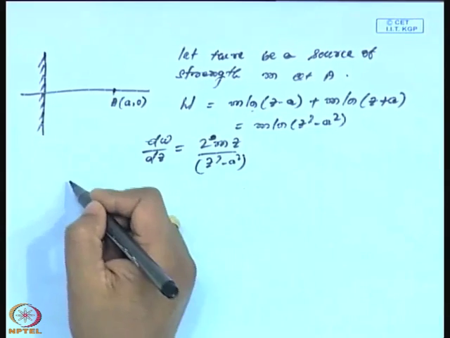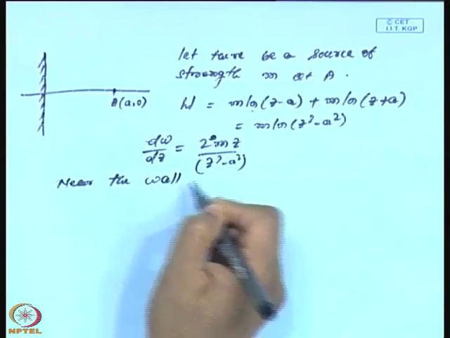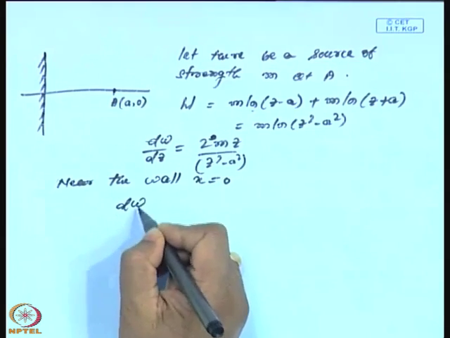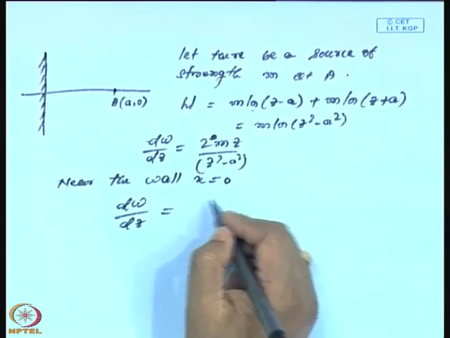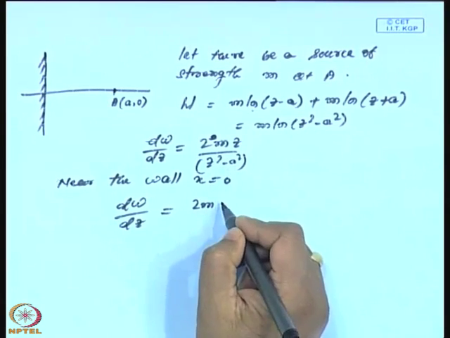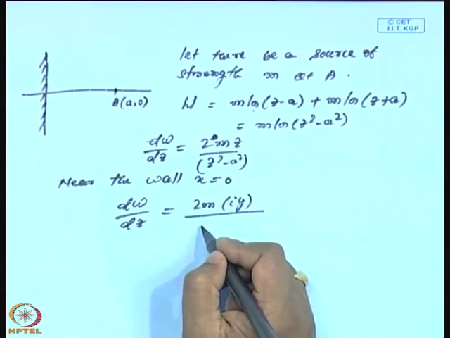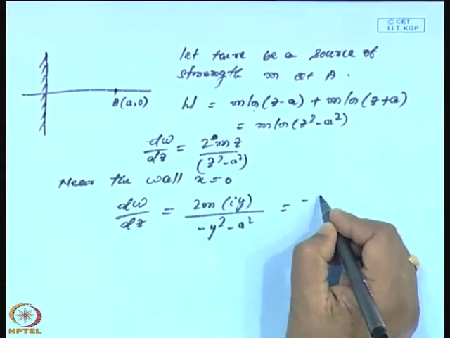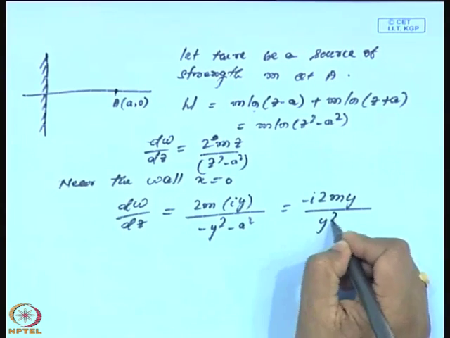Now near the wall, what will happen? Near the wall means x is equal to 0. So what will happen to dw by dz? Near the wall, dw by dz will be 2m, z is iy as x is 0, so this will be iy by minus y square minus a square, which I can write as minus 2 i m y by y square plus a square.